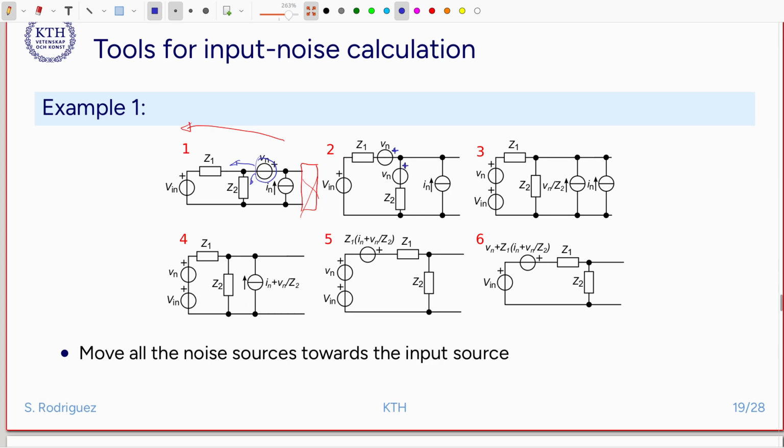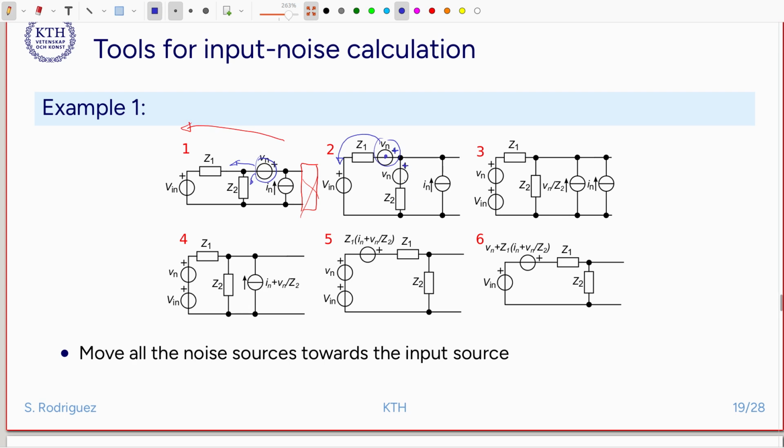Now the next step, we are going to move this one in this direction. It is already in series with the source, but there is nothing else we need to do with this voltage source.